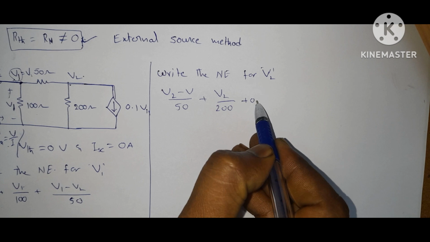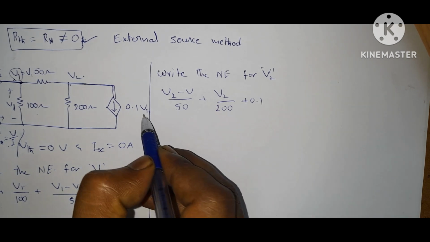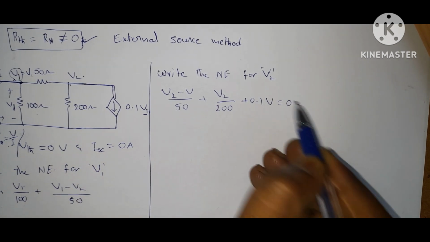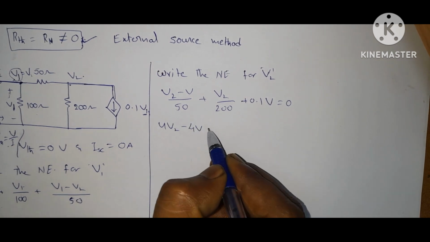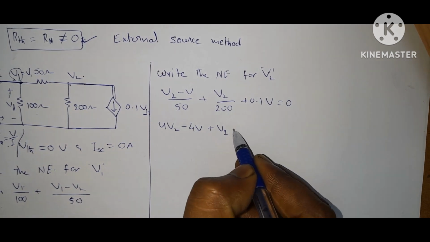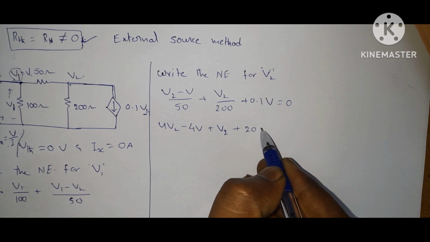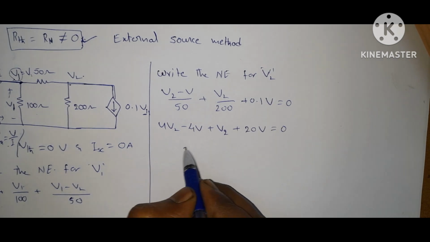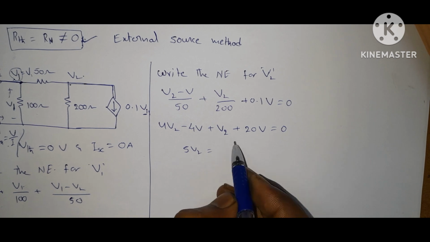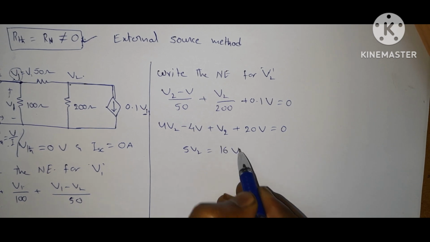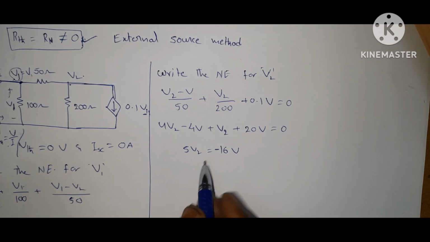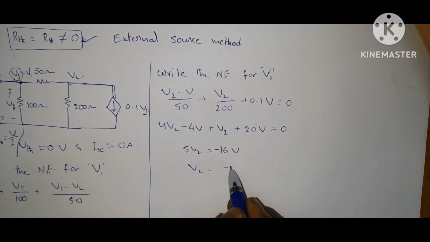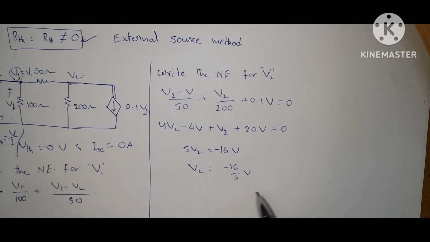So plus 0.1 V1, V1 equal to V, so 0.1V equal to 0. 4V2 minus 4V plus V2 plus 20V equal to 0. 5V2 is equal to minus 16V. V2 is equal to minus 16 by 5 V.